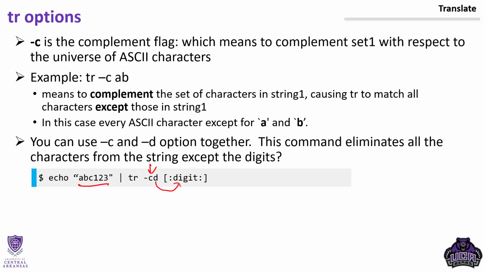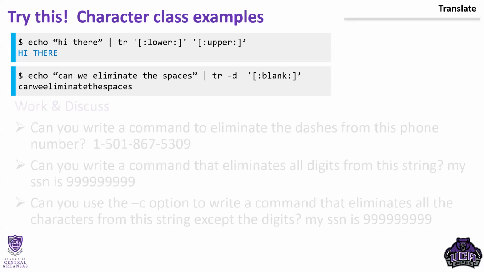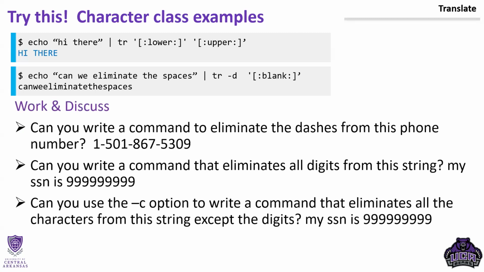And so it's going to leave the digits. These are just examples right there. Here is that example where we're looking for the lower characters, changing them to the upper characters, and then it's going to give us that output right there.